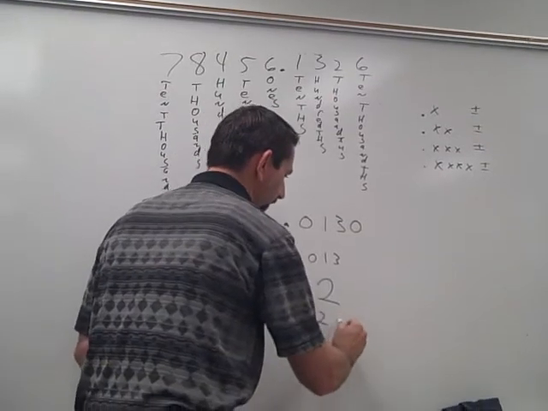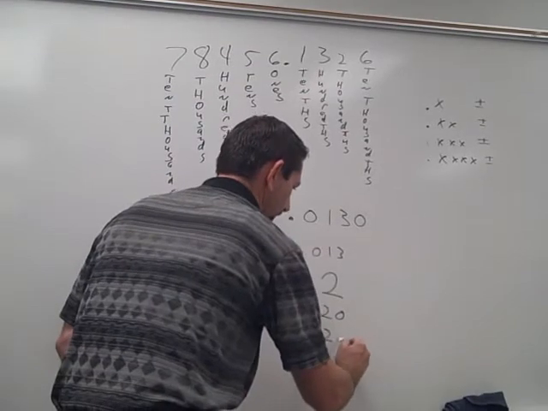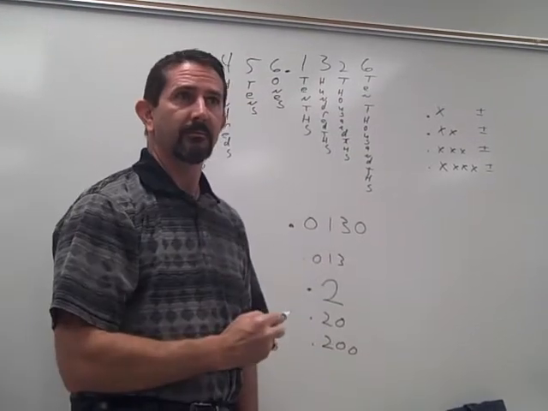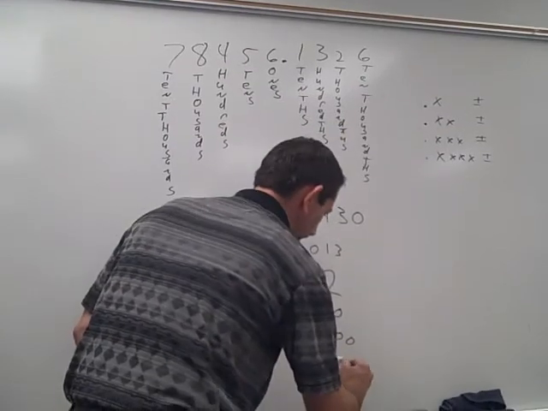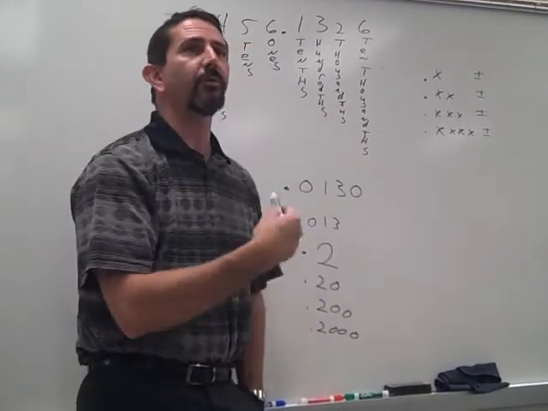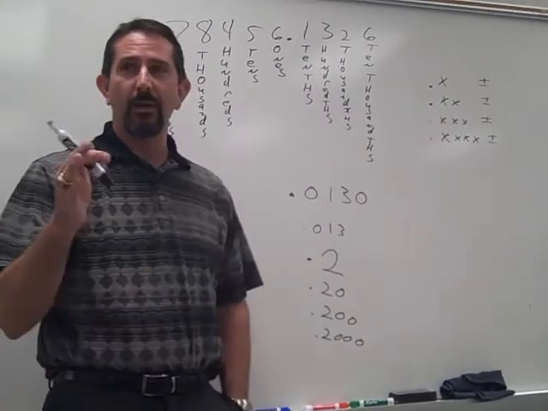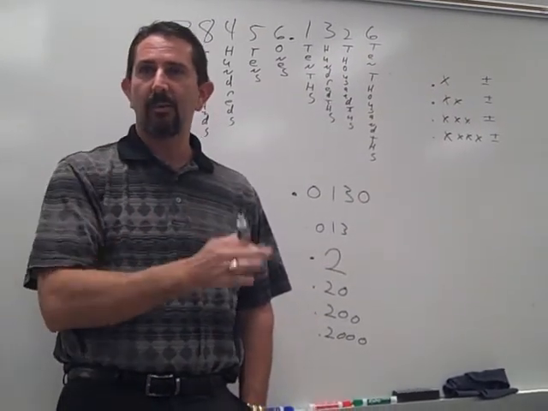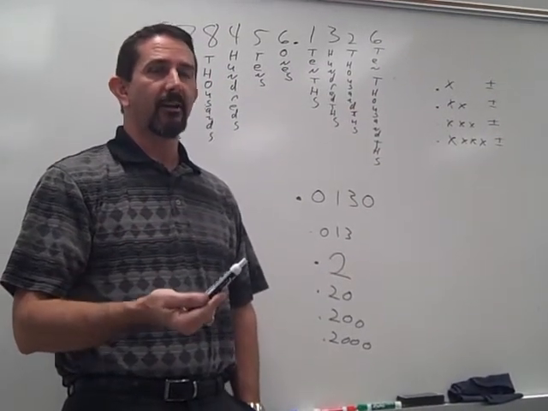This number, 20 hundredths. 200 thousandths. 2,000 10,000ths. Okay? So we have to understand that parlance, that speech, because you will hear that a lot, especially when we're dealing with machining.